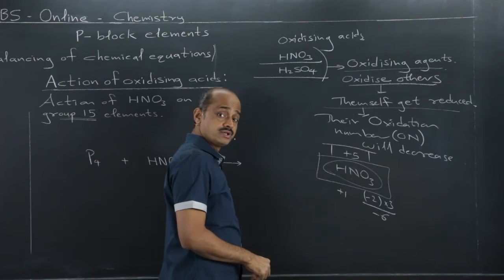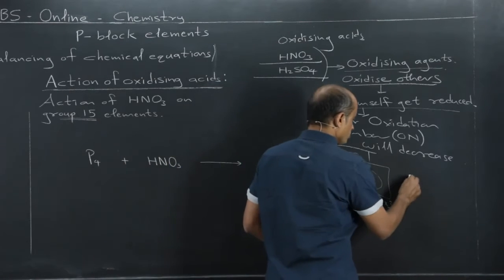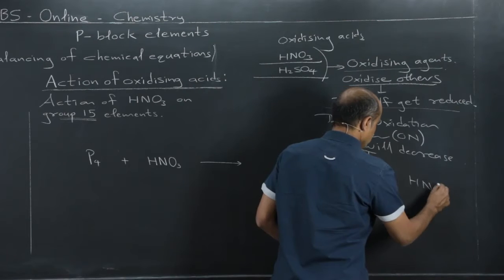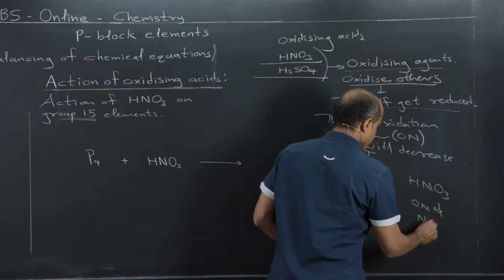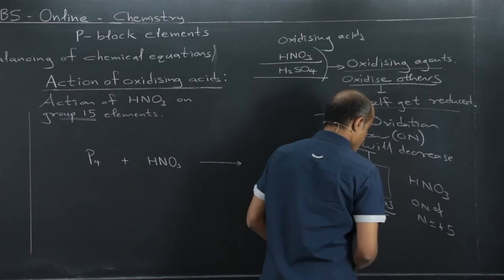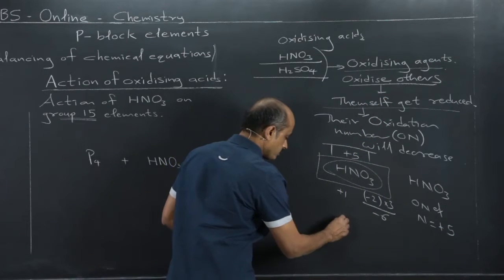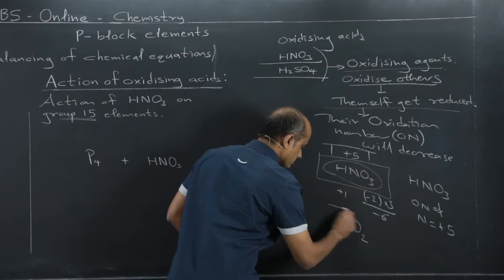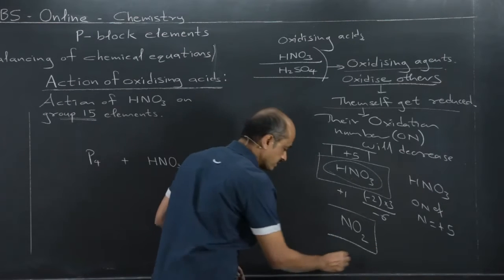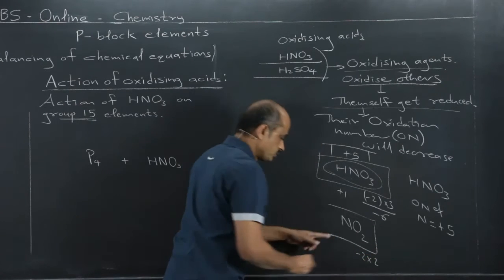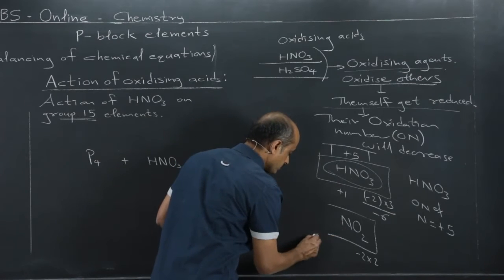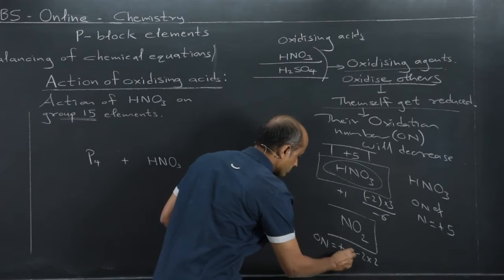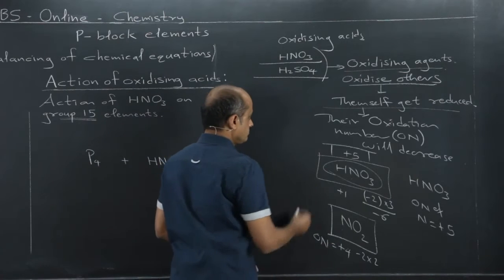Various compounds of nitrogen we know. So, in nitric acid, oxidation number of nitrogen is +5. Other compounds of nitrogen known to us: NO2, since 2 oxygen atoms are present, -2 into 2, the oxidation number of nitrogen here is +4 in NO2.